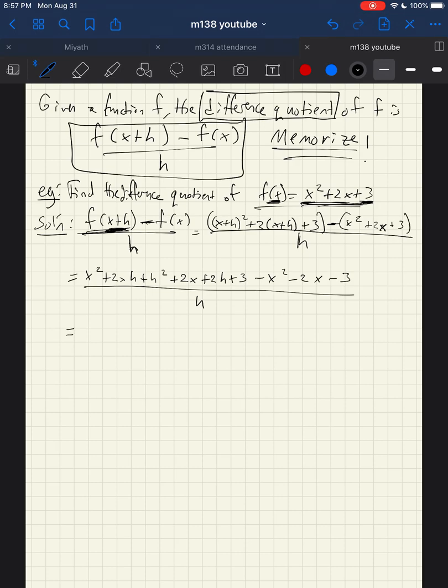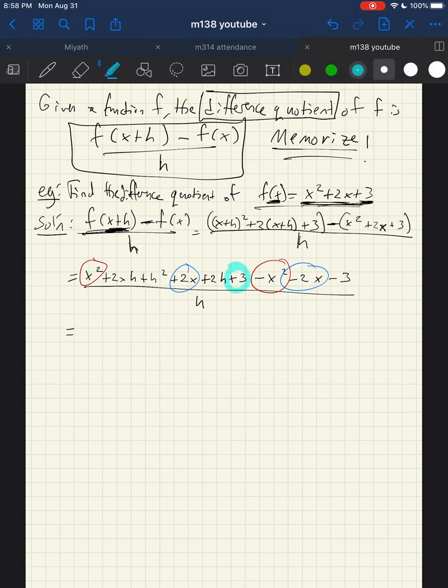We've got plenty of space, we're going to use plenty of space, okay? Now what I want to do is cancel things out additively first. Before I start looking for h's to pop out, I want to try to get rid of the terms that cancel each other out on the top. So let me just highlight some things that are similar. So x squared minus x squared, plus 2x minus 2x, okay?